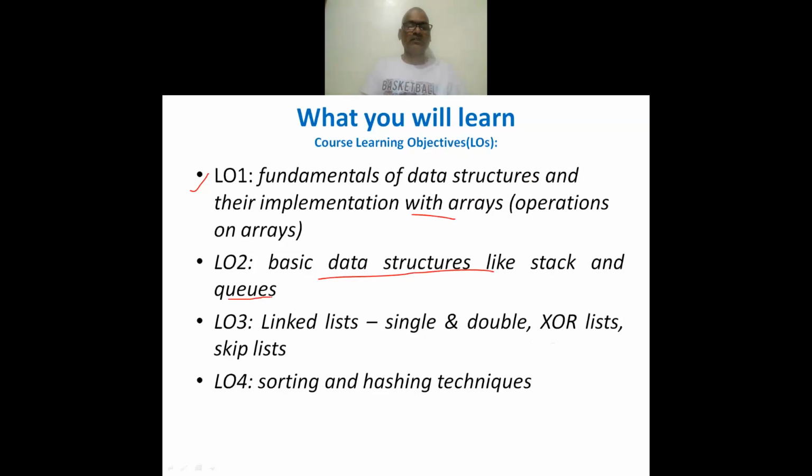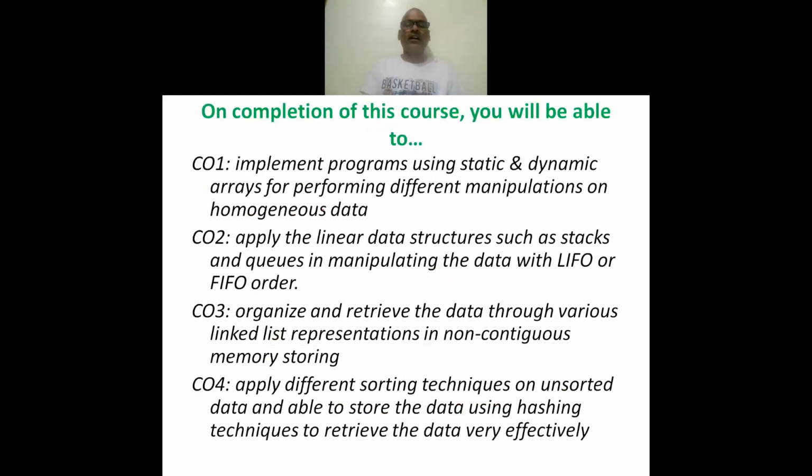Various linked lists like single linked list, double linked list, XOR lists, and skip lists, these 4 different categories of linked lists, are introduced, and sorting and hashing techniques are introduced. So these are the 4 course learning objectives.